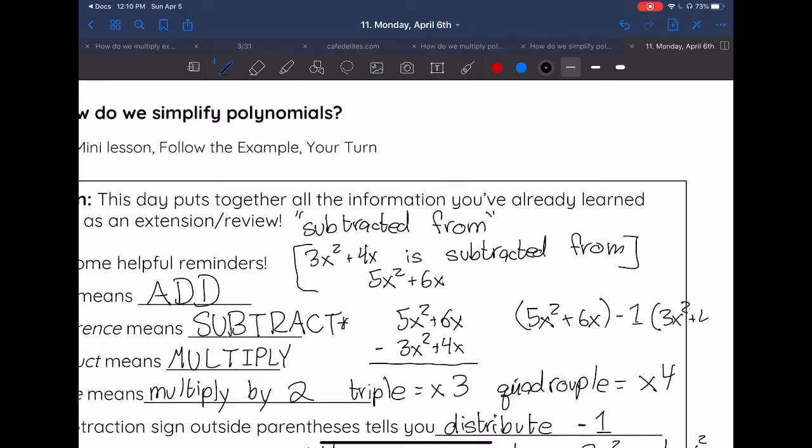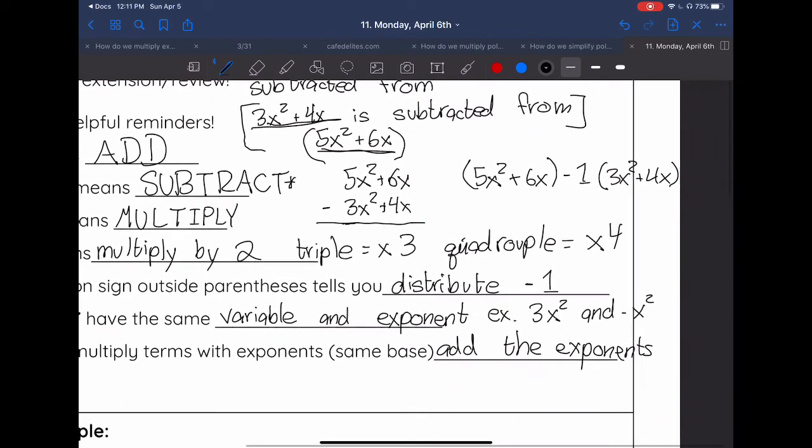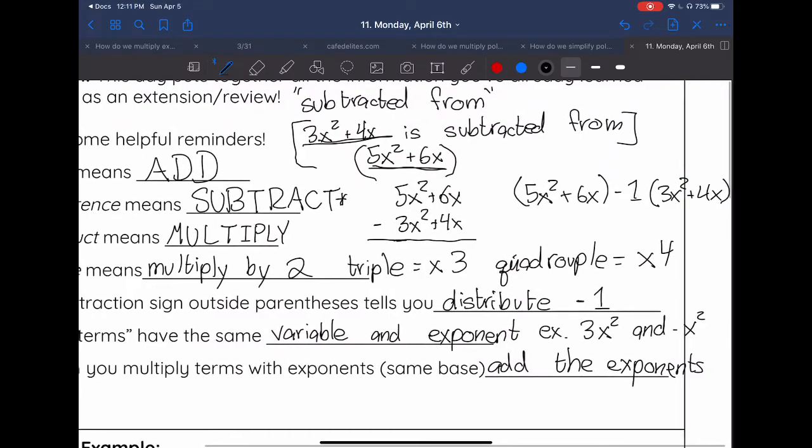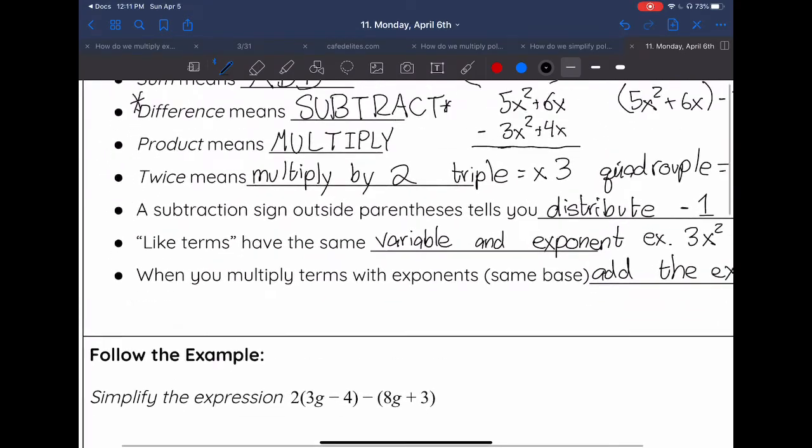The reason for that is that I'm taking this away from 5x squared plus 6x. So I have to subtract the 3x squared plus 4x from it. That has to come out of 5x squared plus 6x, so my second expression has to go on top or in front. And this is very different from, let's say I gave you a question. Well, we can go down to our example now.